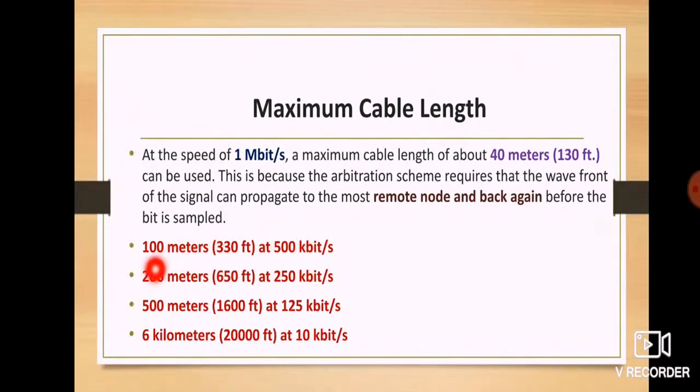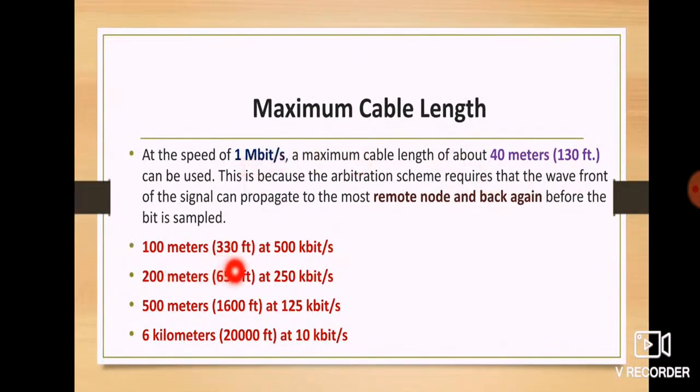Here we have a length of 100 meters, that is 330 feet, at 500 kbps. Then it keeps on decreasing. 40 meters is common, and in 40 meters you will get 1 Mbps. If the length goes higher, then the speed decreases. In 130 feet, that is 40 meters, it will be 1 Mbps.